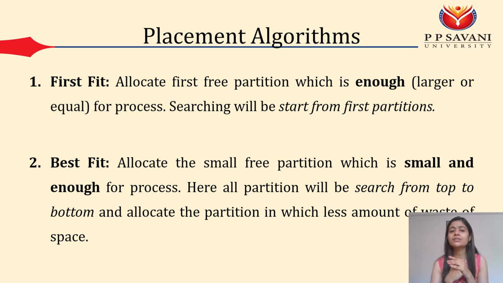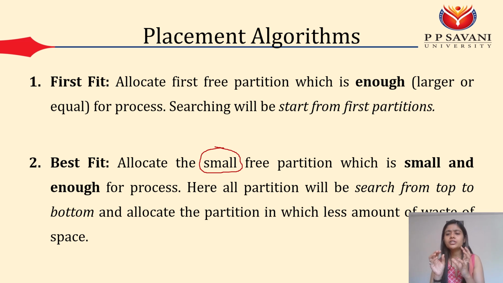Let's say your operating system works on the first fit algorithm, then it will find the very first free partition which is big enough to store that process, and that is going to be allocated. In best fit, it will find the partition which creates very small fragmentation, or let's say it allocates the smallest free partition which is big enough for the process.